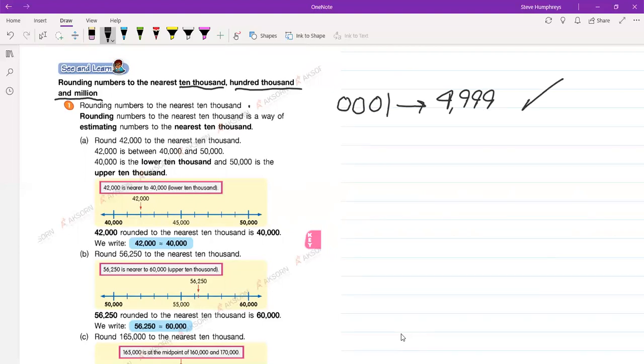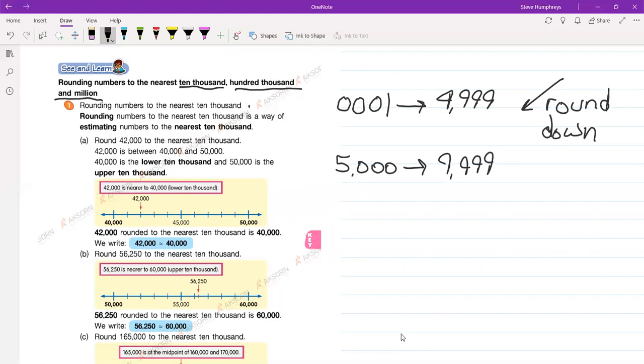If your last 4 digits are between that range of numbers, you will round down. And if your last 4 digits are between 5,000 and 9,999, you'll round up to the nearest multiple of 10,000.